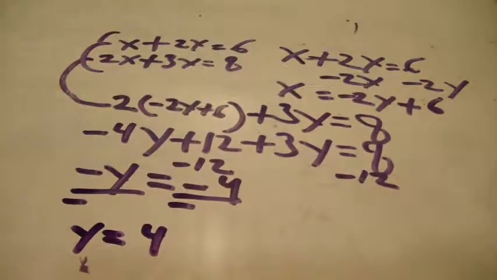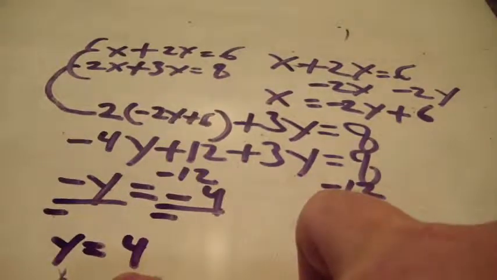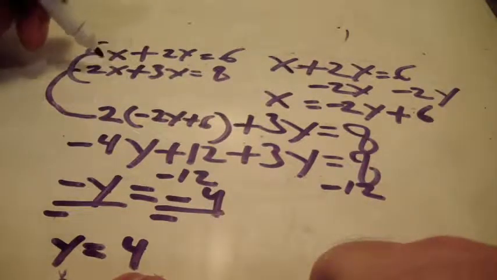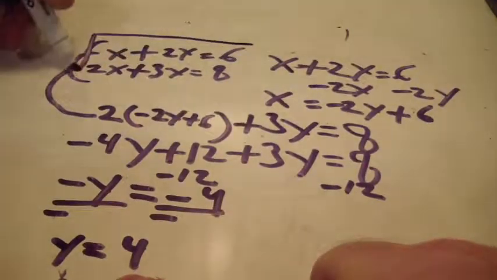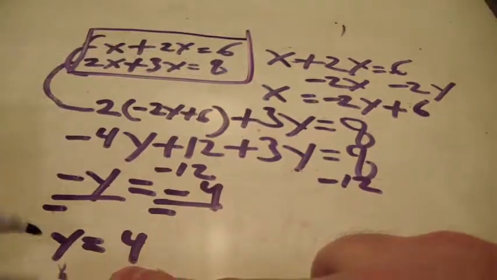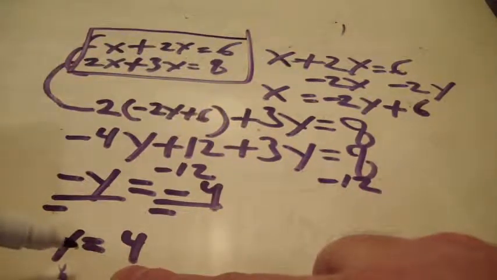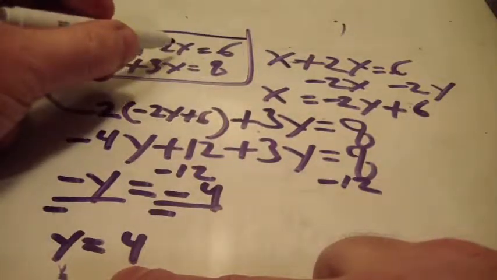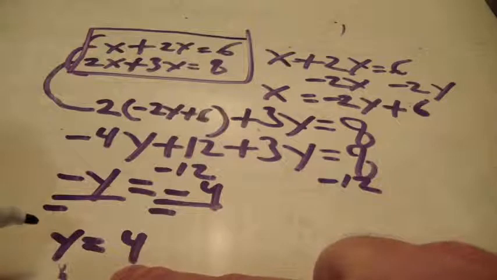So now we know that y equals 4. We're simply going to take one of those equations up here, because this is a system, the system of linear equations. We're going to take this 4 and put it in one of these equations, substituting the y's.